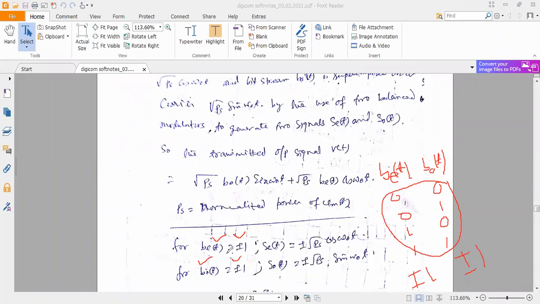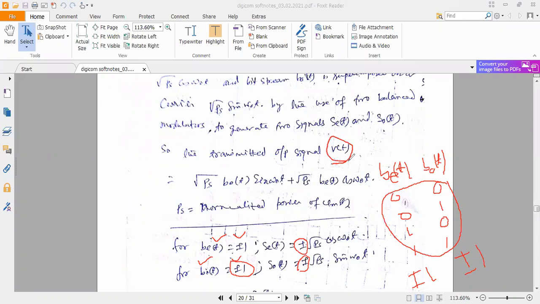So when BET is plus minus 1, what will ACT become? ACT will become plus minus root 2 Ps cos omega 0 t. In the place of BET you are writing only the plus minus. And the second one, BOT is plus minus 1, so in the place of BOT you can also write plus minus 1. So in that way we have four possible combinations of VT.